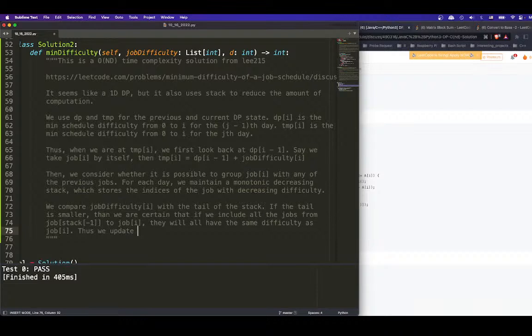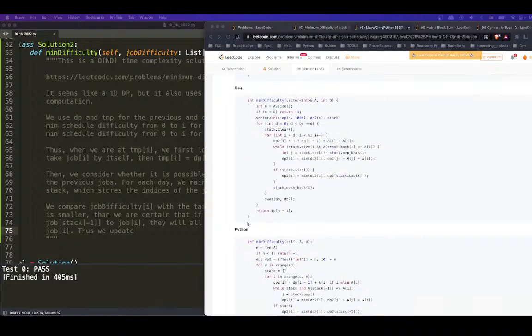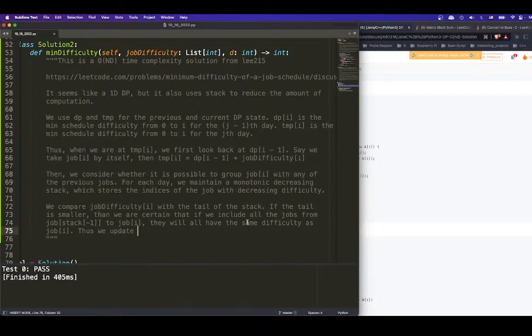So we need to pop that. And when we pop it, we'll update, which means it will include this, right? That's what it is. We'll include it. So actually no, it's a DP2. Oh yeah, it's a DP2. So we'll include this job.